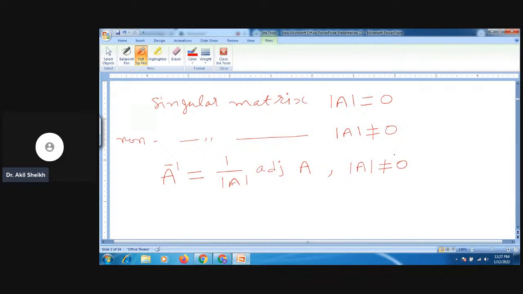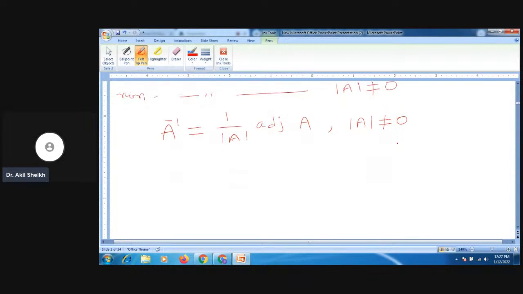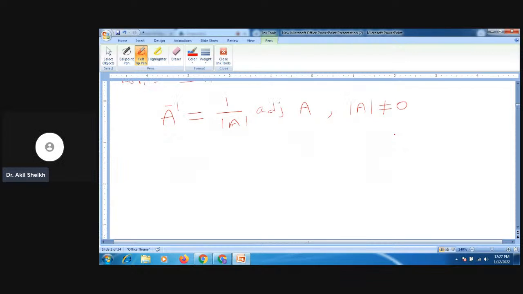Then there is one important topic, which is eigenvalues and eigenvectors.